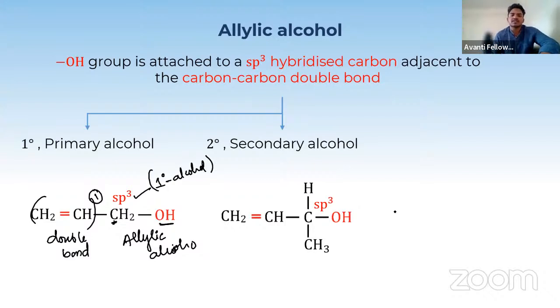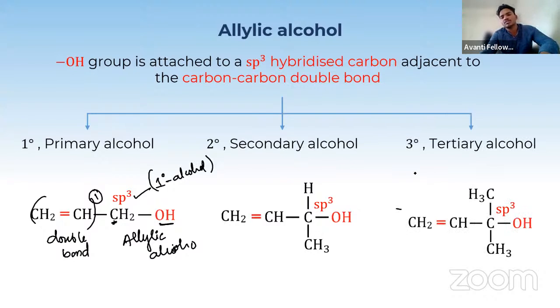Similarly, tertiary you can easily find: replace all the hydrogens with CH3 groups, then this is tertiary. In case I keep ethyl here, then you are going to get a stereo center over there. I hope you understand how to classify the compounds based upon the number of carbons attached to it.